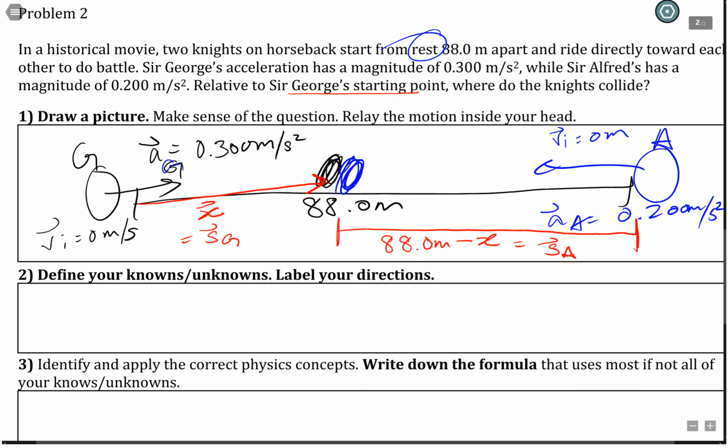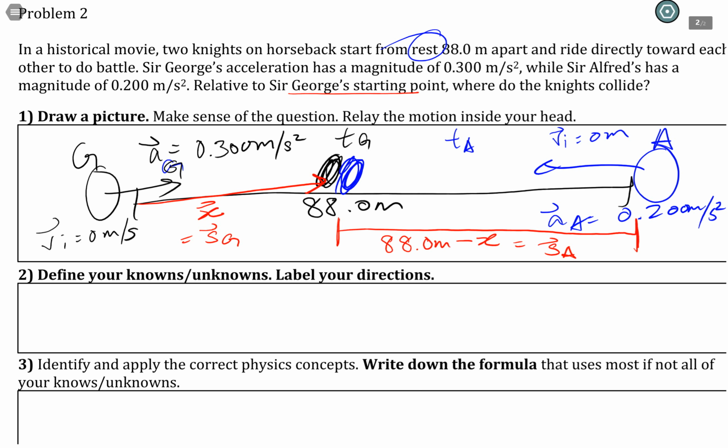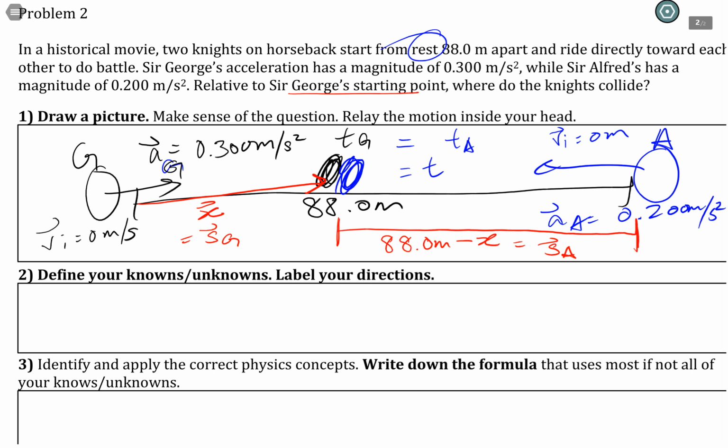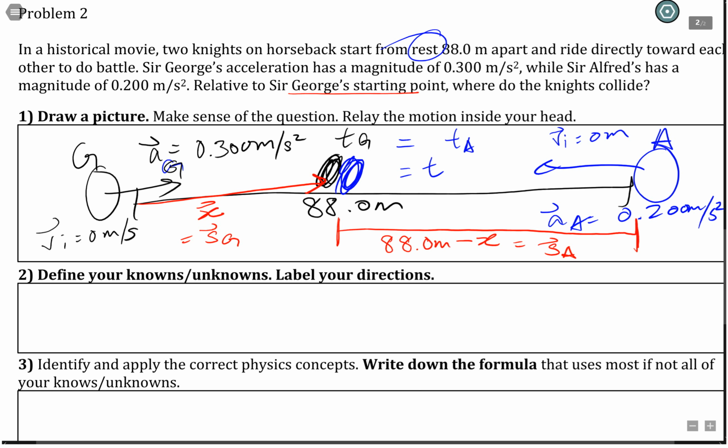I'm going to label George's time as TG, and Alfred's time as TA. For them to crash into each other, TG and TA are in fact the same, which I'm just going to say is equal to T. The time it takes for them to crash into each other is the same for them to travel this distance.